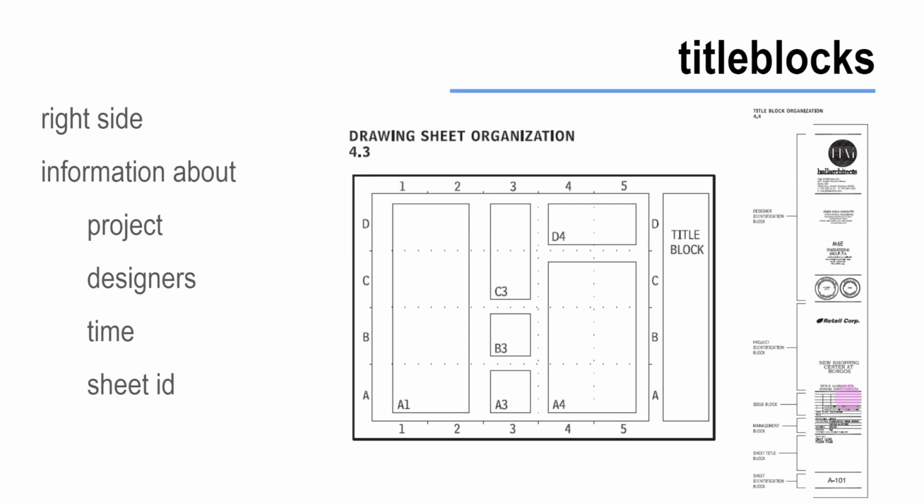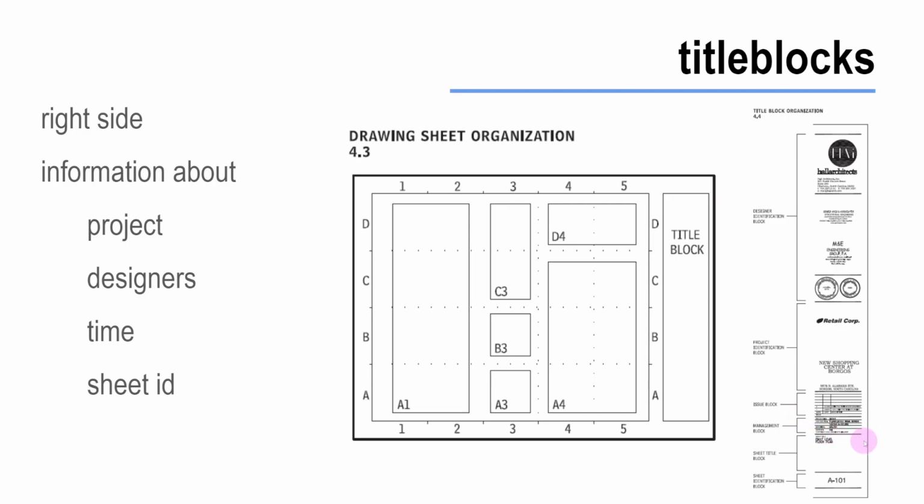So maybe if there were multiple iterations of a set of plans, that would be included in here. So we would have information about our designers, the project, and then information about, this is revision number 3 or 4, just so that we can track if it's the latest set of drawings or not.